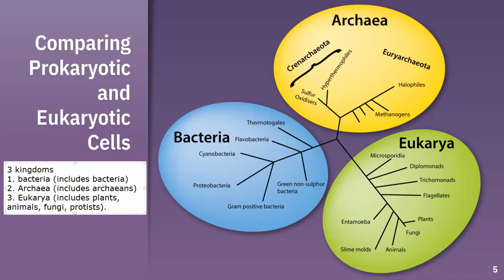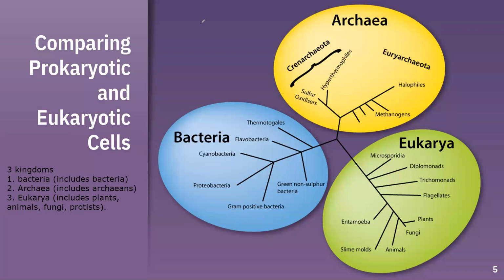Okay. Now I want you to notice when you look at the slide where it says eukarya, animals are right here. Here we have plants, here we have fungi. Everything else belongs to protists. These are mostly single-celled organisms.